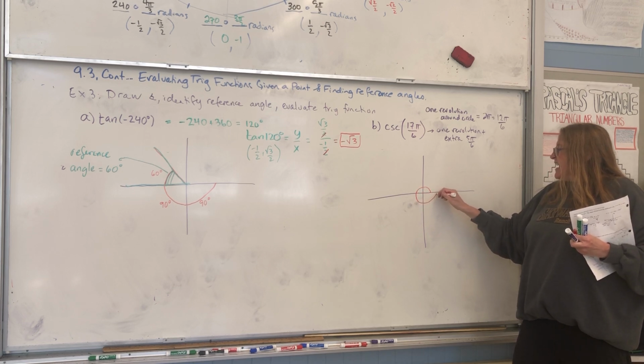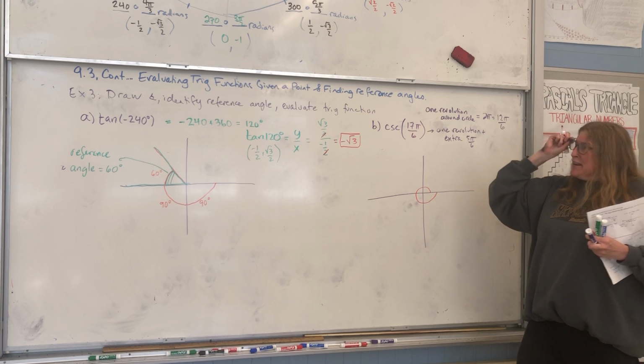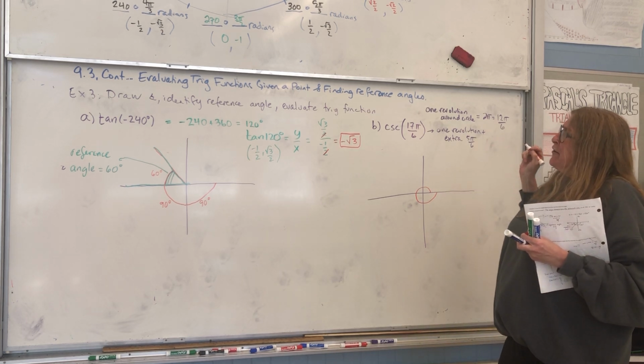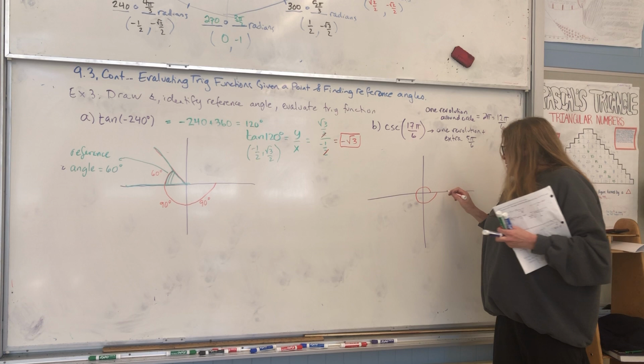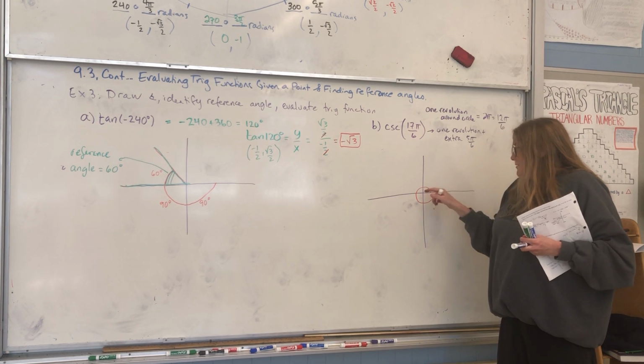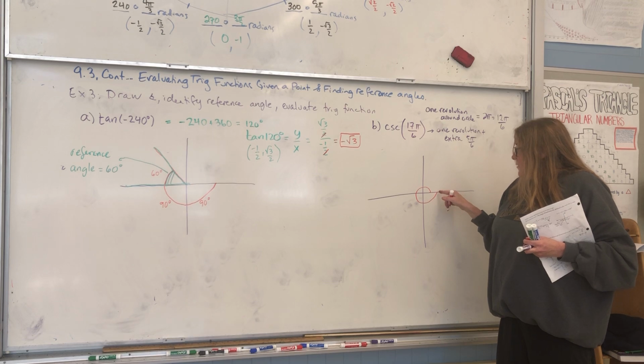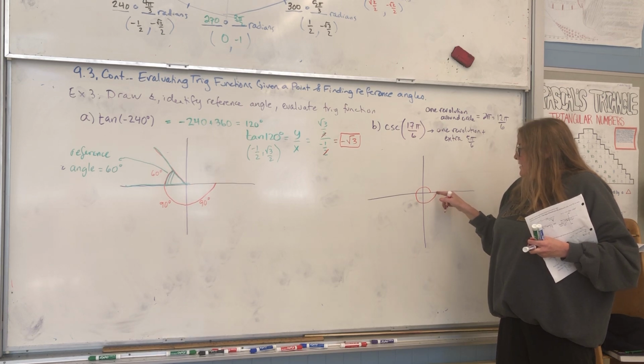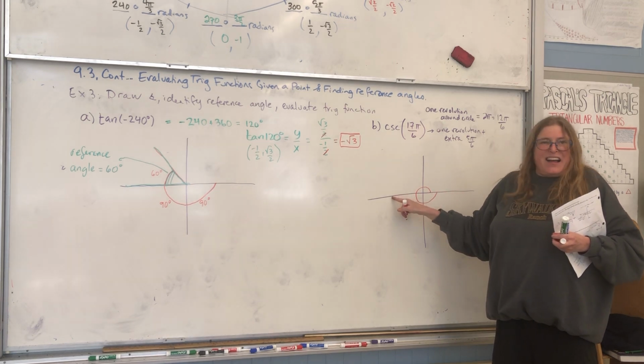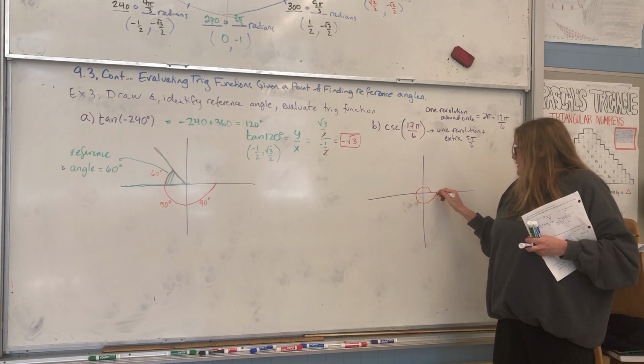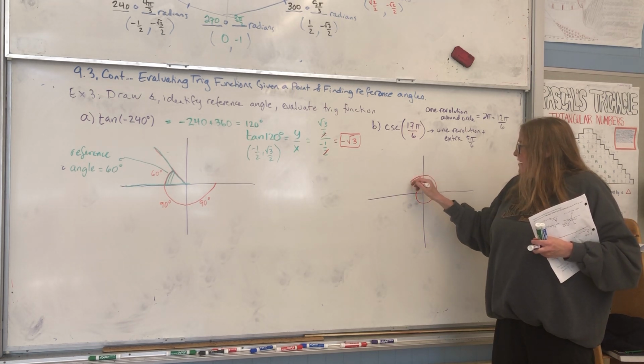And then we're going to go an extra 5 pi over 6. So check out your unit circle. If I go to pi, that would be 6 pi over 6. So I'm going to go an extra 5 pi over 6.